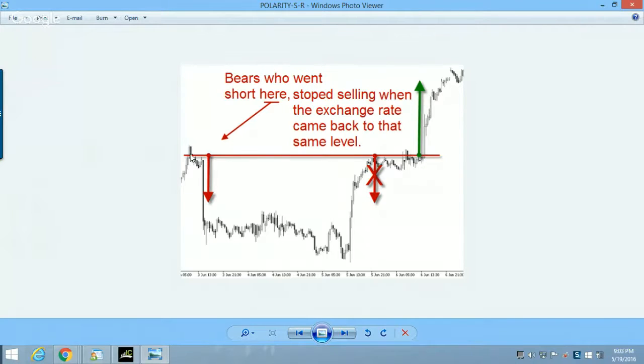Yes, in many situations you can see that once a support area is broken, it becomes resistance. Bears who went short here, where the orders were opened, stopped selling at this moment, and from this level the sellers got out and the buyers got in.